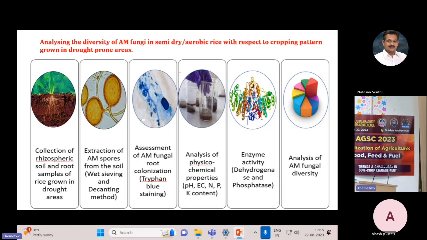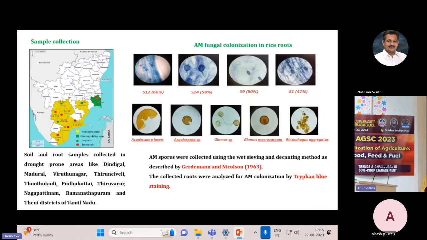This is the overall workflow of my research. First is the collection of rhizospheric soil and root samples from drought-prone areas of southern Tamil Nadu. Then extraction of arbuscular mycorrhizal fungal spores from soil, assessment of AM fungal colonization from rice roots, analyzing the physicochemical properties and enzyme activities, and finally analyzing the AM fungal diversity.